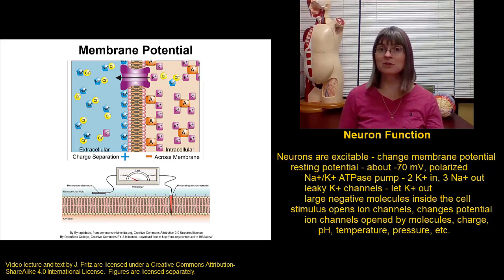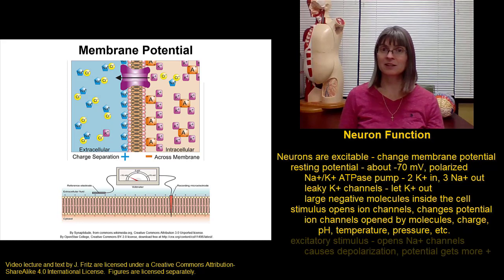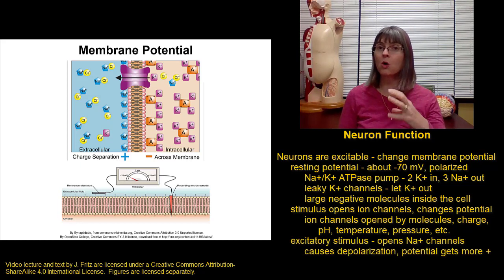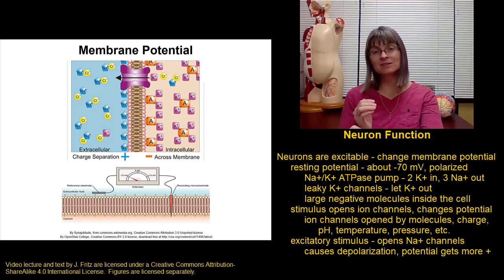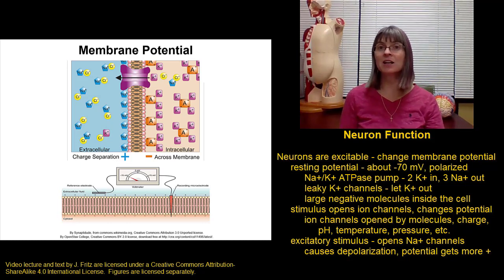When we're considering the sort of effect the stimulus can have on the membrane potential, we see that there are 2 main types of stimuli. An excitatory stimulus is a stimulus that results in opening sodium channels. When we open sodium channels, sodium rushes into the cell and makes the inside more positive. This is what's called a depolarization.